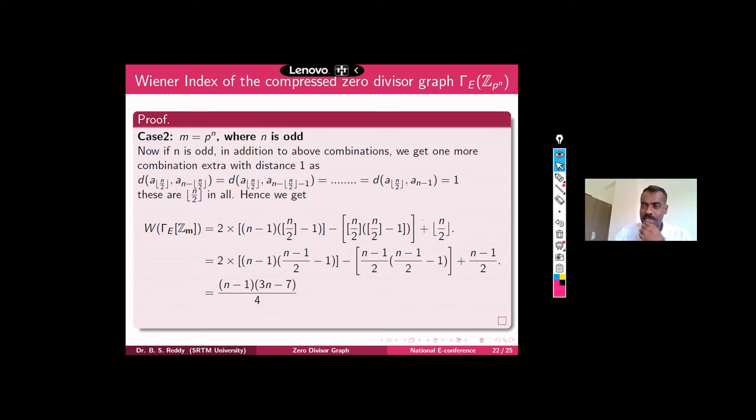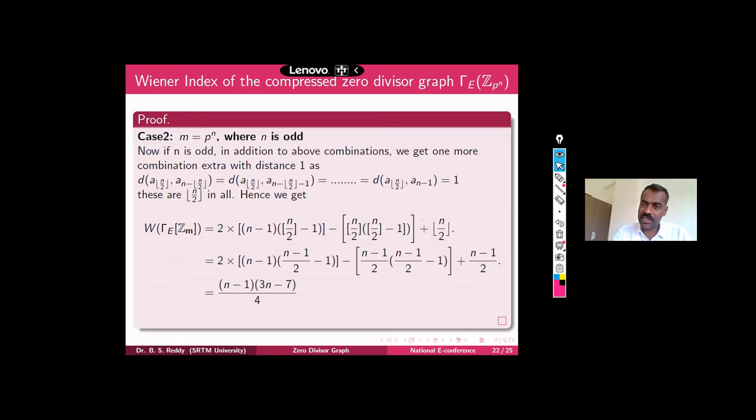So for this compressed zero divisor graph, I talked about the characteristic equation and binary index. For the characteristic equation, one can think of finding the recursive formula, which we have calculated for Z p power n. So can we find the characteristic equation for any Zn? That still remains.